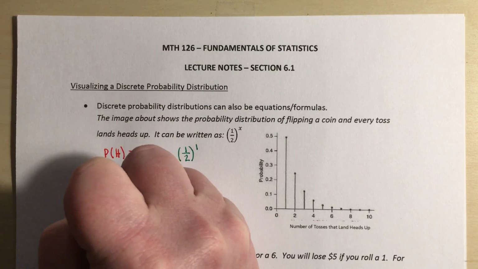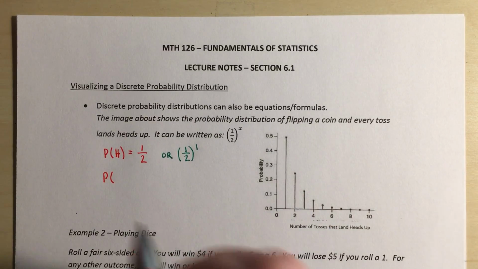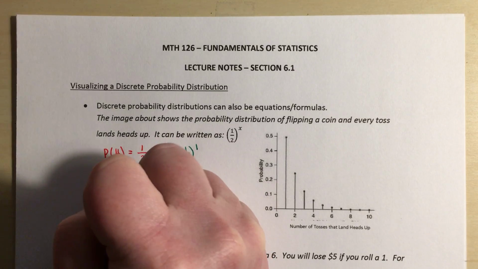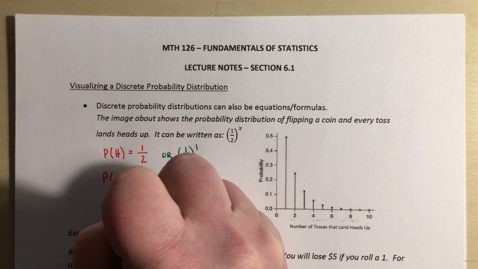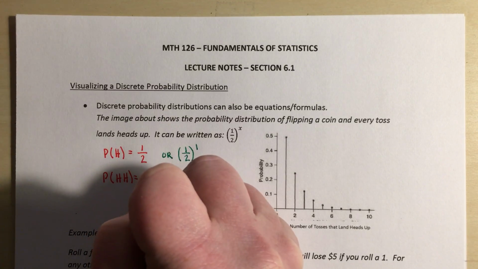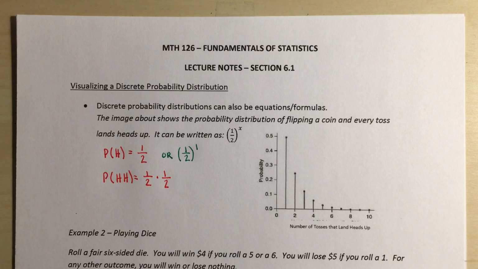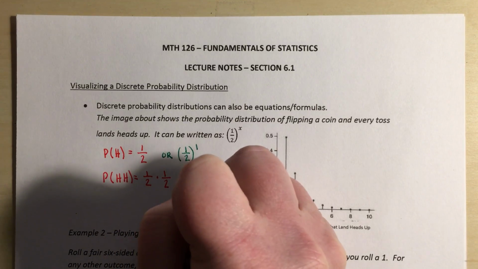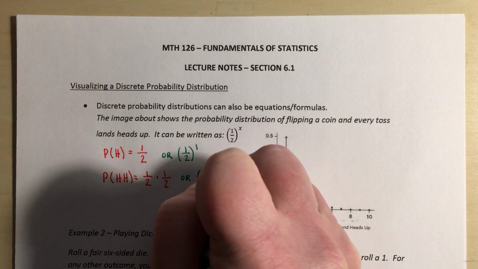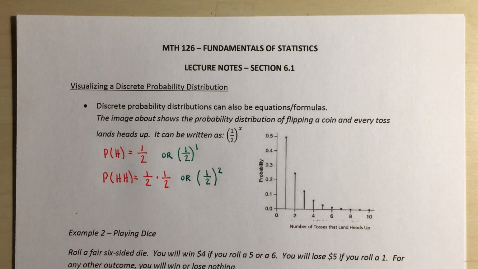Our probability of flipping a coin and the 2 tosses land heads up, well, that's going to be 1 out of 2 times 1 out of 2, using our multiplication rule from the last chapter since we have independent events. If we write that using exponential notation, we have 1/2 squared.